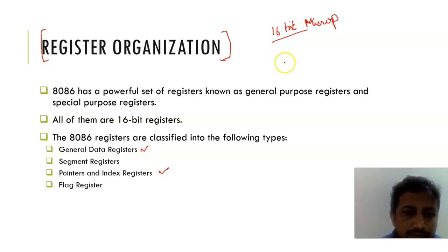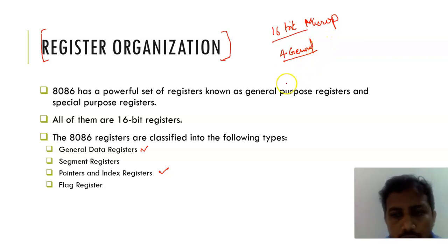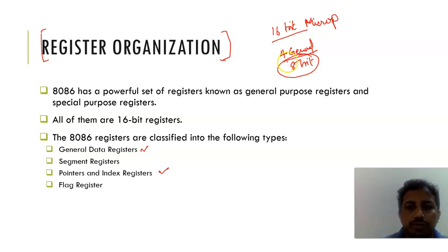Out of these, we have 4 general purpose registers as 16-bit registers, or we can make them 8-bit registers also. How we will follow, we will discuss in this video.